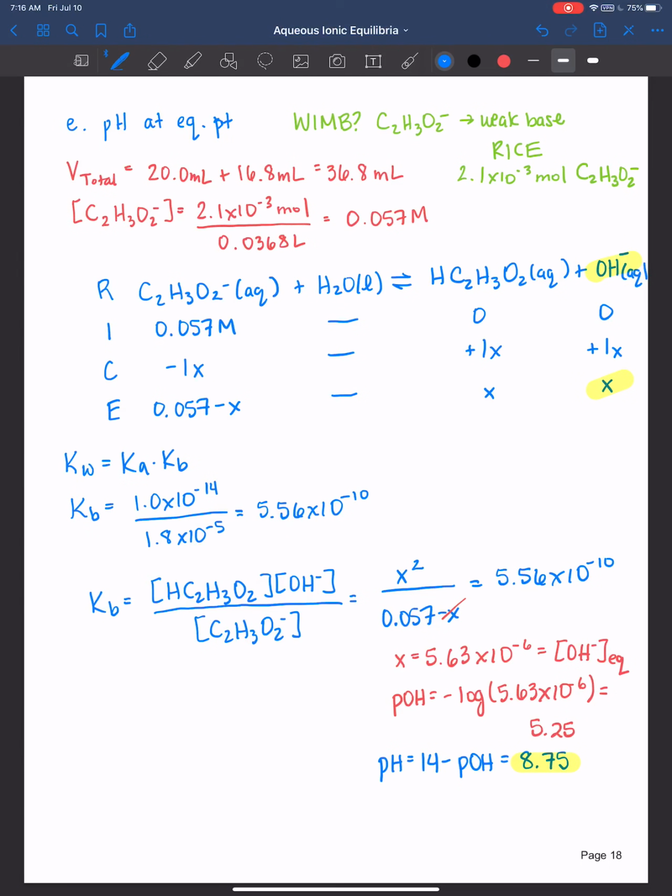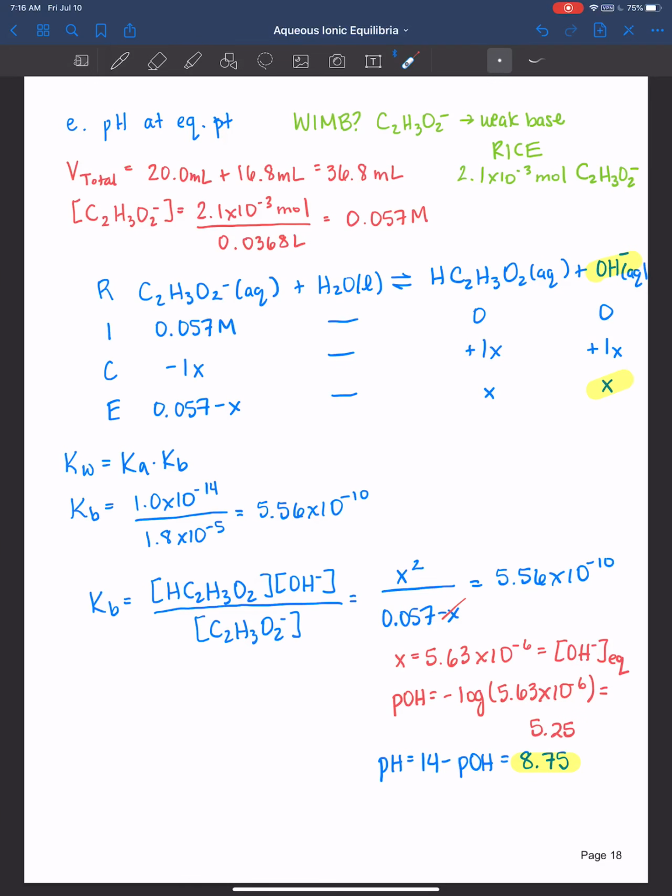And by the way, a lot of times students want to say the pH is 7 at the equivalence point, but that is only for a strong acid, strong base titration. It's not true for a weak acid, strong base titration, nor is it true for a weak base, strong acid titration. Always ask yourself, what's in my beaker? It's a weak base. So yeah, for this titration, we do expect the pH at the equivalence point to be basic.